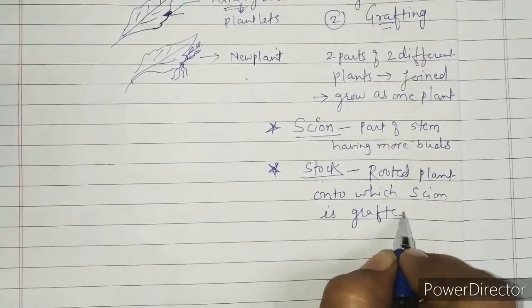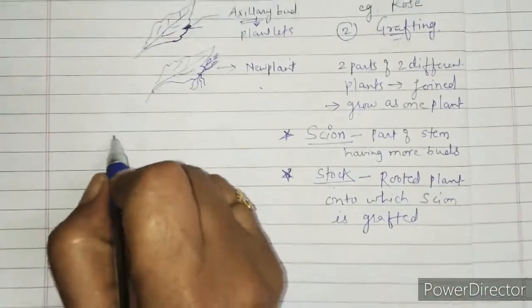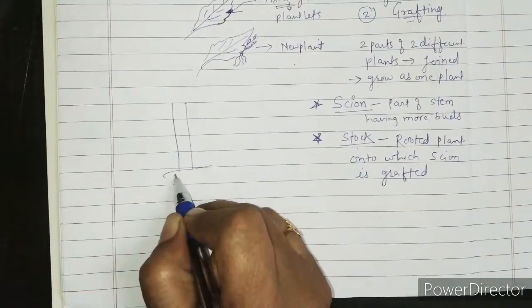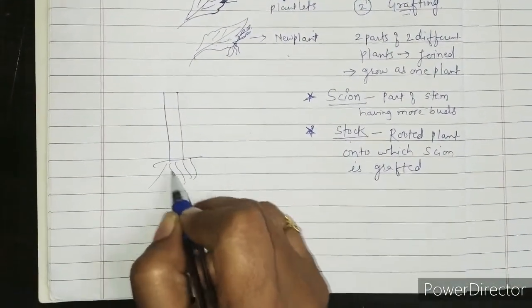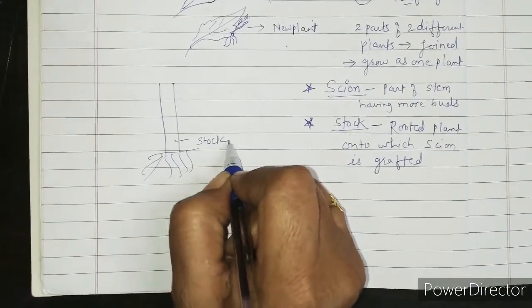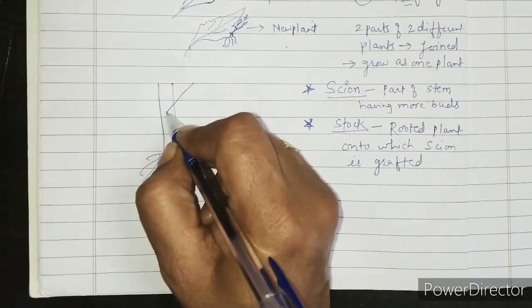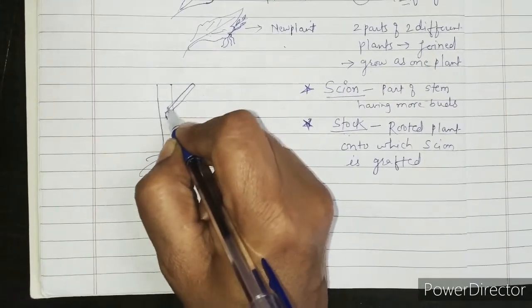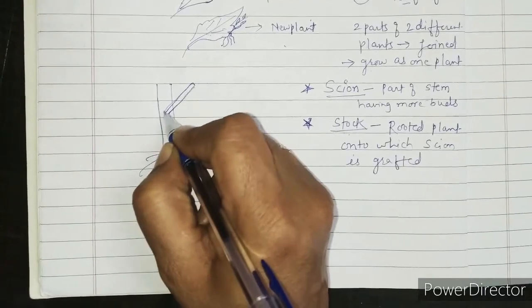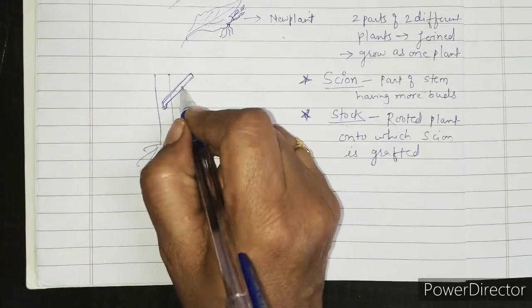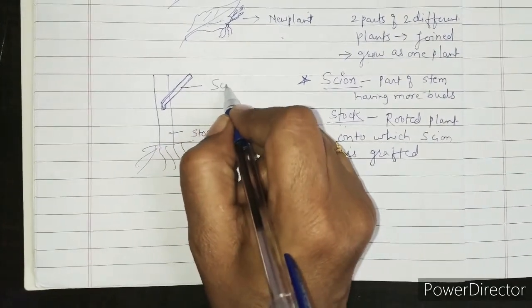See here. Suppose this is the rooted plant, so you can call it stalk. Here you graft the part of another plant, and this part is called scion.